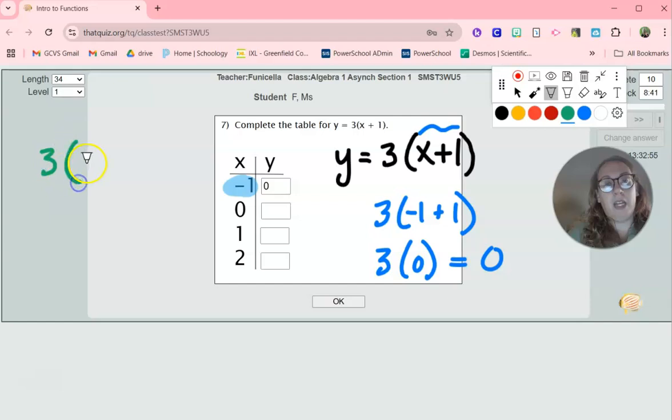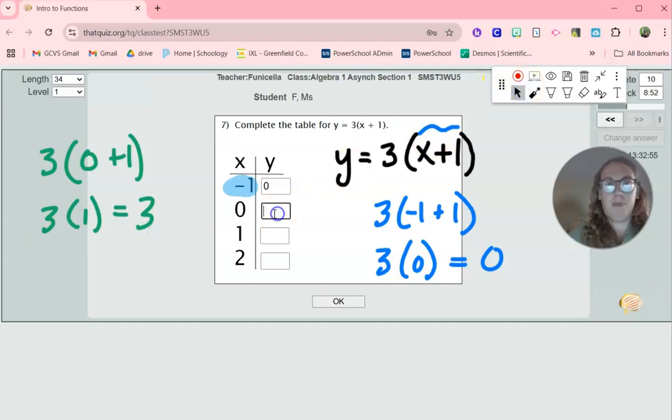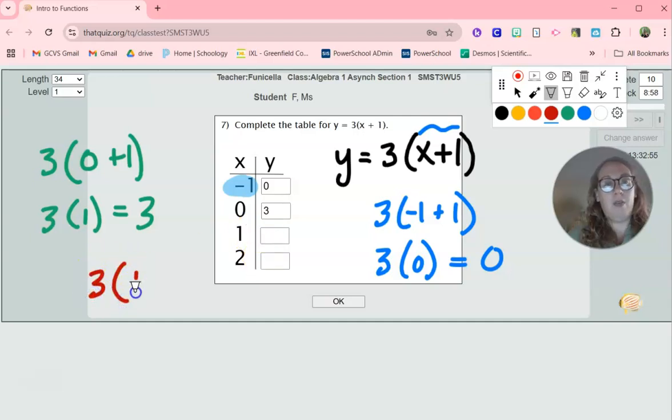For the next one, we have 3 times 0 plus 1, right? Our rule is add 1, we get 1, and then multiply by 3. We get 3. Our next x value is a 1. So we take 1 plus 1. 1 plus 1 gets us 2. 3 times 2 is 6.